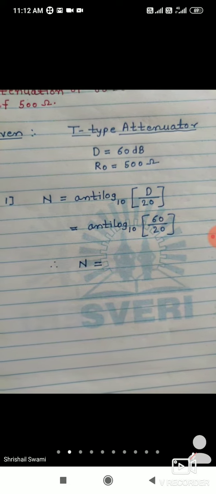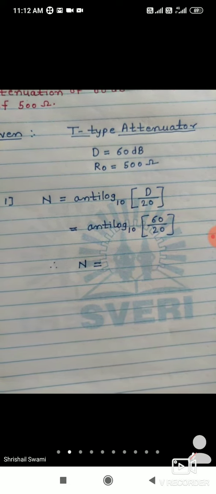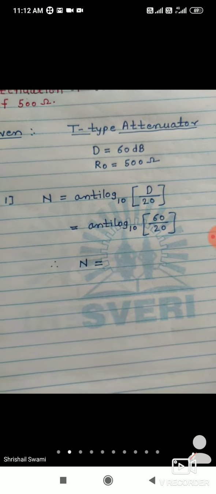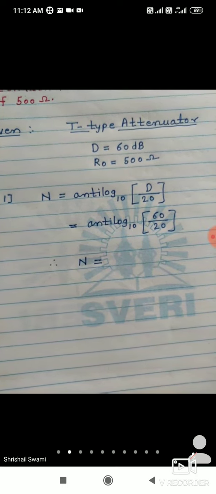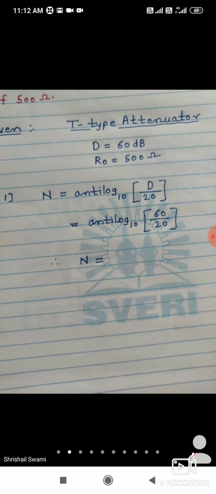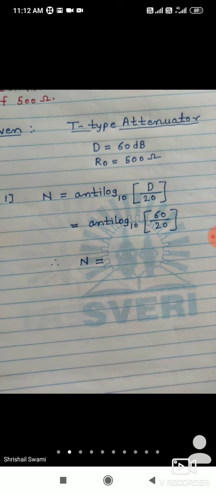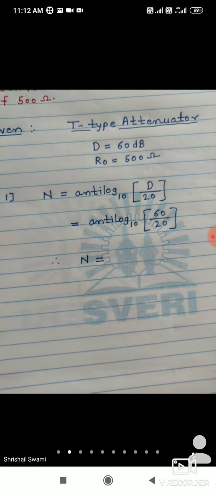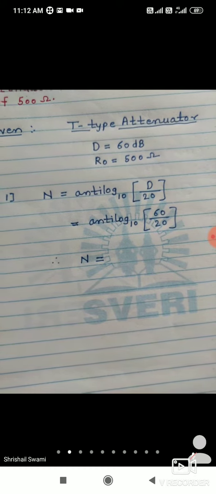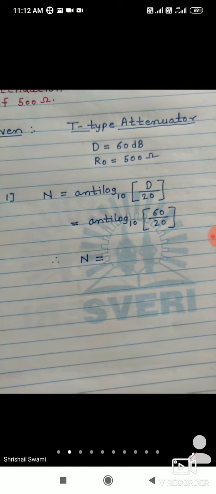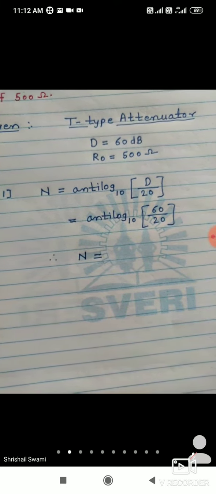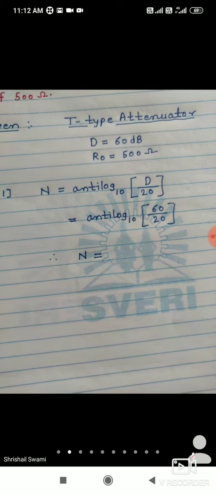Use calculator. Press shift log. Shift log means antilog. Shift log and in bracket write down 3 because 60 divided by 20 is 3. What you got? Yes.